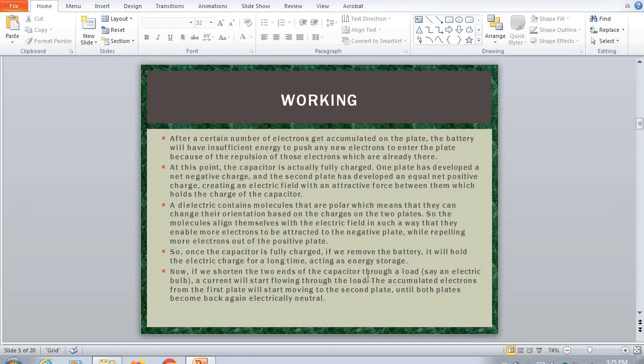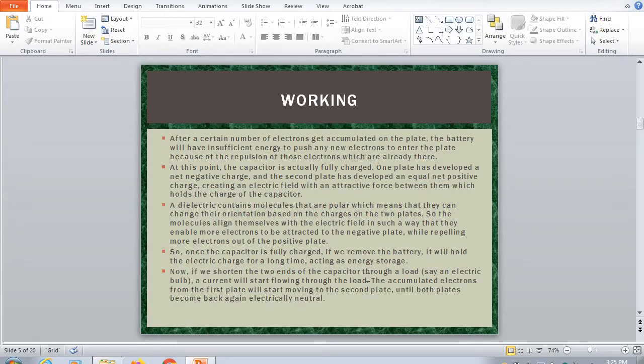So the molecules will align themselves with the electric field in such a way that they will enable more electrons to be attracted to the negative plate while repelling more electrons out of the positive plate. So once the capacitor is fully charged, if we remove the battery, it will hold the electric charge for a long time, acting as an energy storage device.